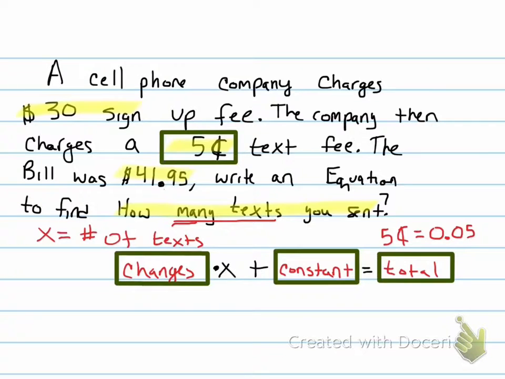So the constant is 30, so plus 30 equals the total, which is what the bill is, so that's $41.95. And then the thing that changes that's connected to the x, well, that's your 5 cents. $0.05x plus 30 equals $41.95. That's my answer.